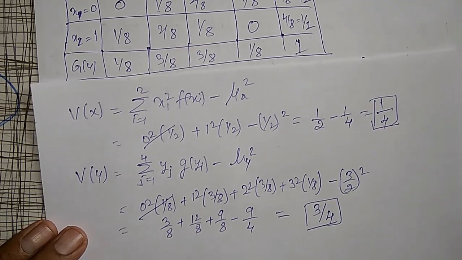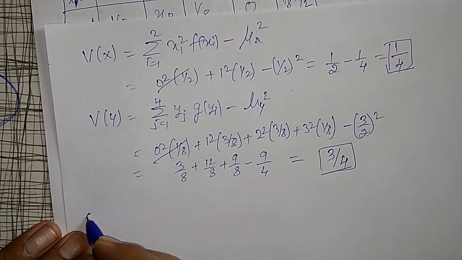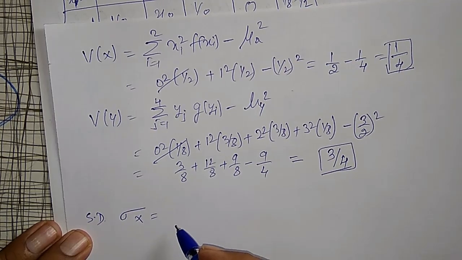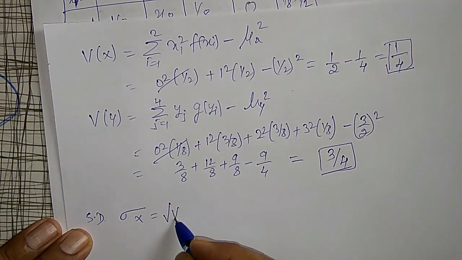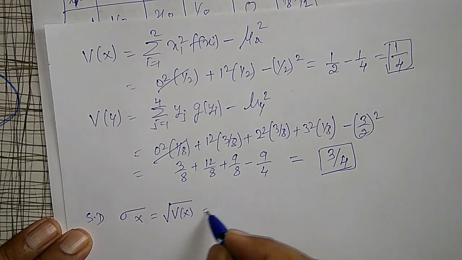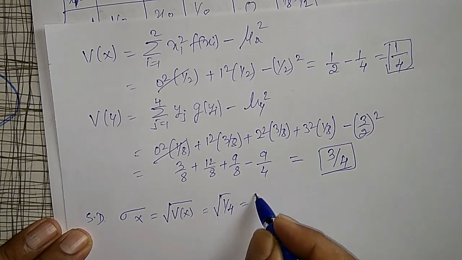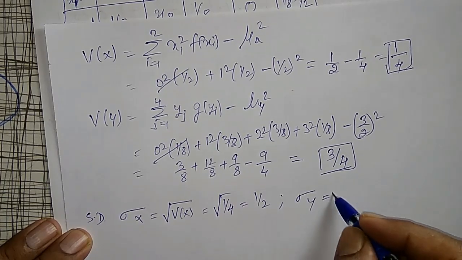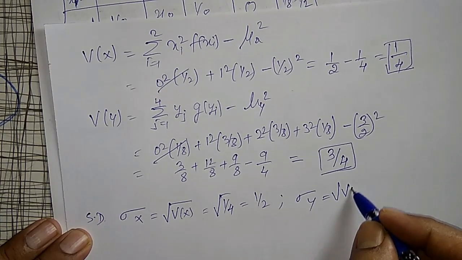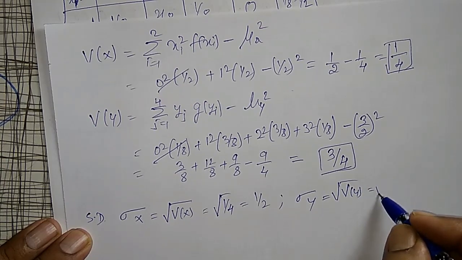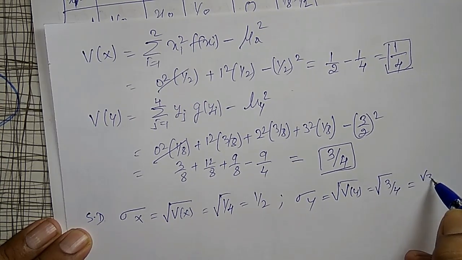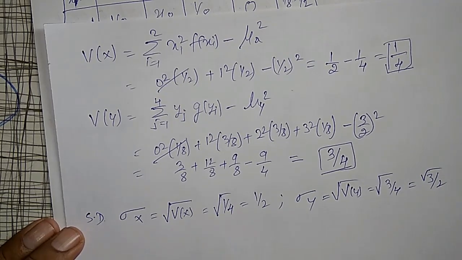Okay, like that, standard deviation sigma x is equal to square root of variance of x, which is equal to square root of 1 by 4, which is equal to 1 by 2. Like that, sigma y is equal to square root of variance of y, which is equal to square root of 3 by 4, or root 3 by 2.